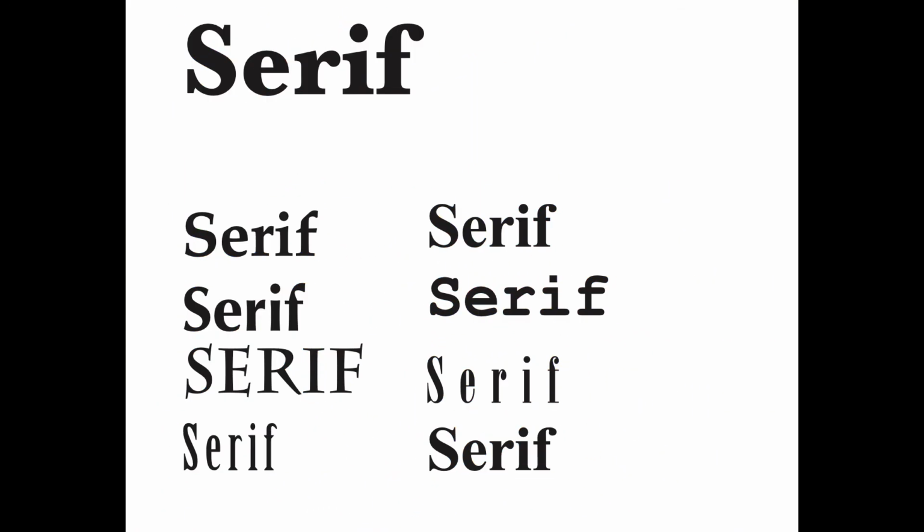When we talk about serifs and sans serifs, we're talking about some major families of type, some classifications of type. So serif, you can see there's all different kinds of serif shapes. Some are squared off, some are rounded, some are sharp and edgy.